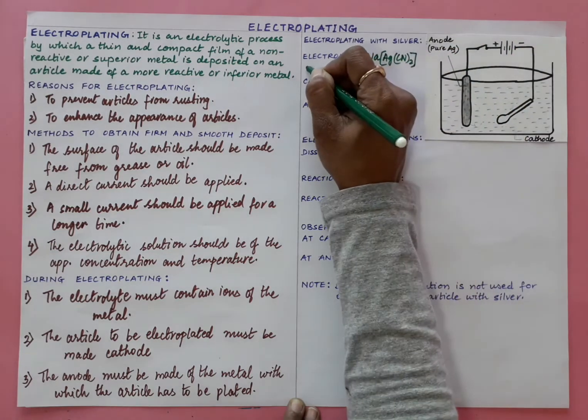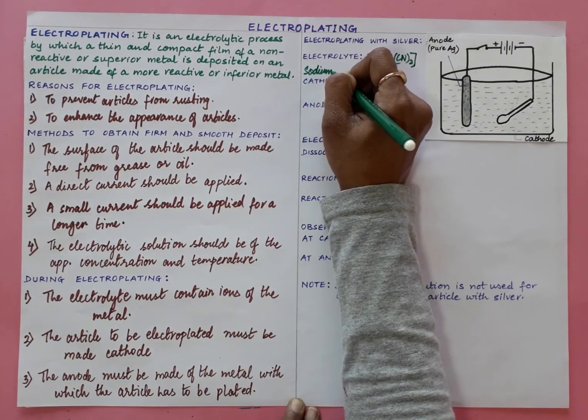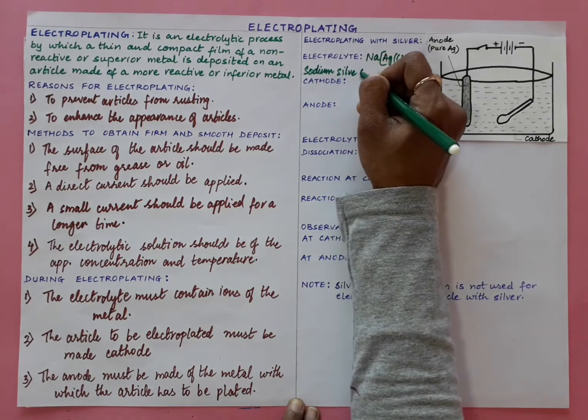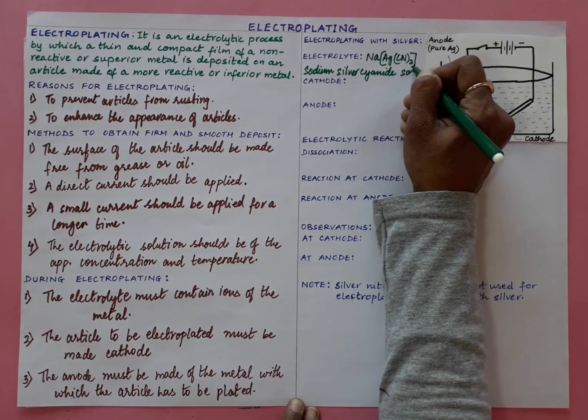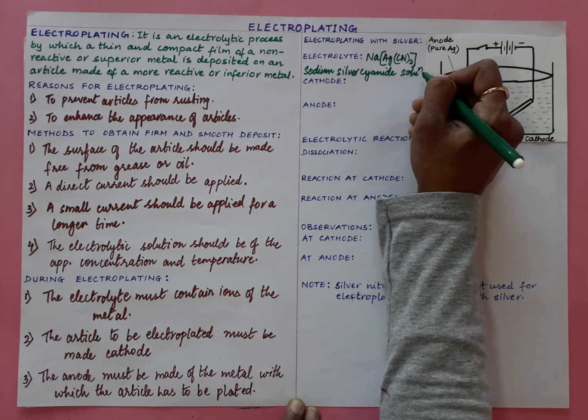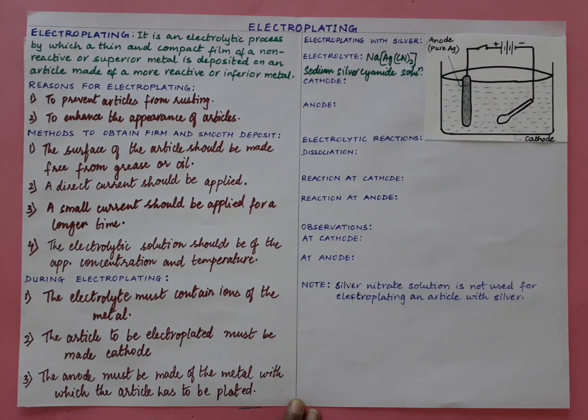So what is the name of this? Sodium silver cyanide solution. Very important to write solution, or if it is in molten state, then you write molten sodium silver cyanide. If it is in solution form, then sodium silver cyanide solution. So if the question comes, name the electrolyte, you have to mention whether it is in molten or aqueous state.